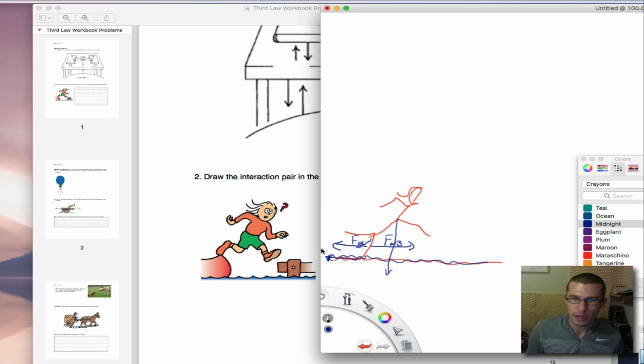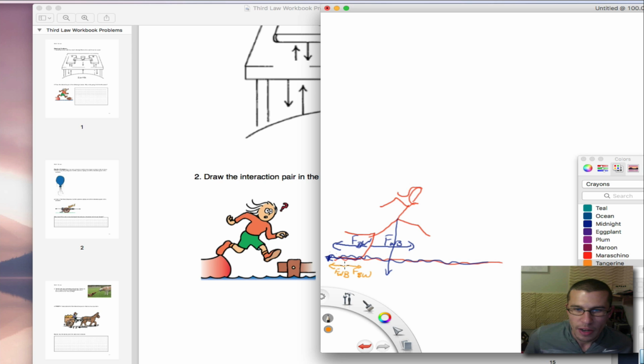The boat moves in that direction, with very low friction. She might move a little bit forward because of friction, and you could draw another interaction pair down below to make it very clear: the interaction between the water and the boat. So the force on the water due to the boat and the force on the boat due to the water.